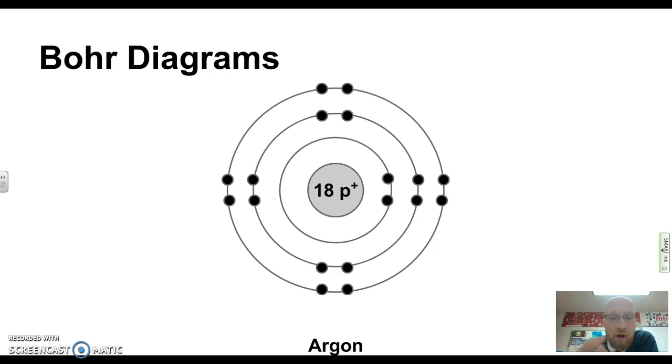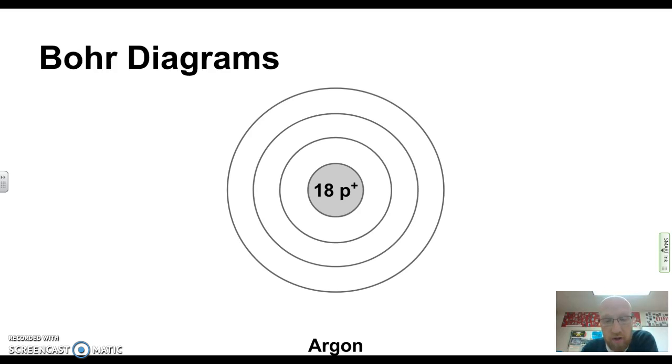Now the order that you draw these on is important. I want you to learn to do this my way, because later on down the road when we draw molecules, having the electrons drawn in these diagrams just so is going to be useful. So try and follow along here. What we're going to do is always start at the bottom closest to the nucleus and fill our way out from there.